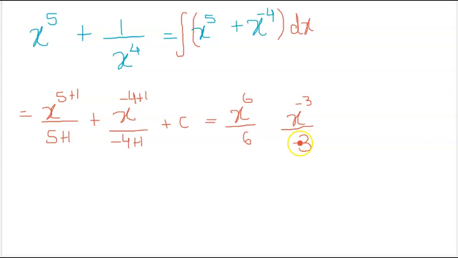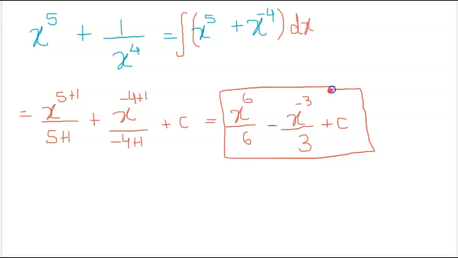Now this minus 3, I can put it here and get rid of that minus, plus c. And that will be your answer. If you want to do one more step, you can write it down as x to the 6 over 6 minus 1 over 3x cubed plus c.